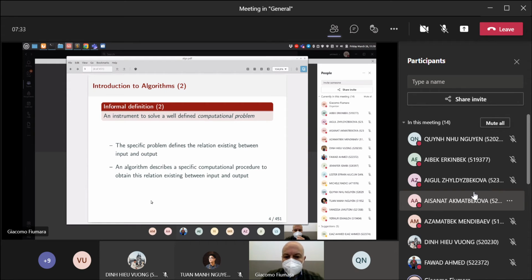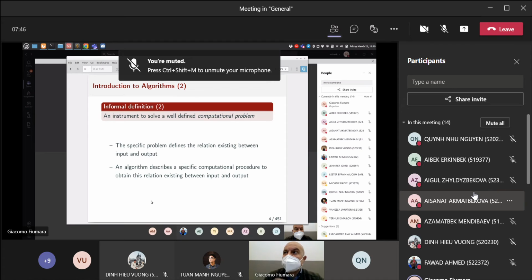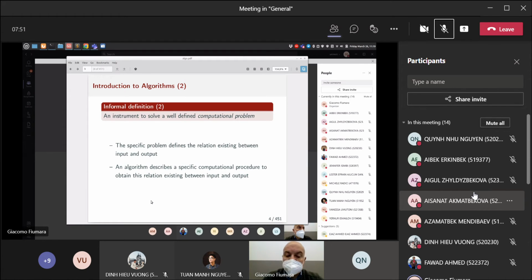So we have a relation between input and output, and we have a specific computational procedure to obtain this relation, which binds input and output.